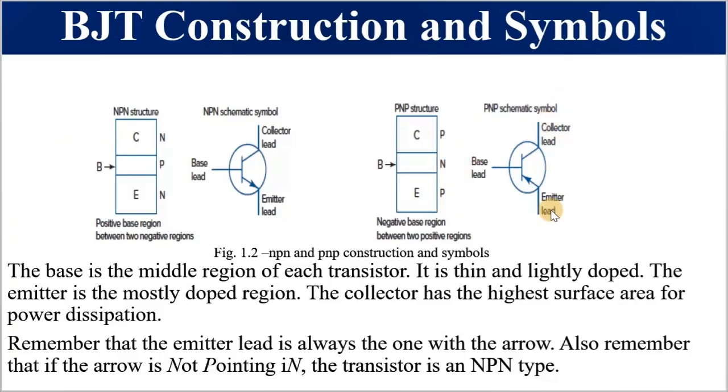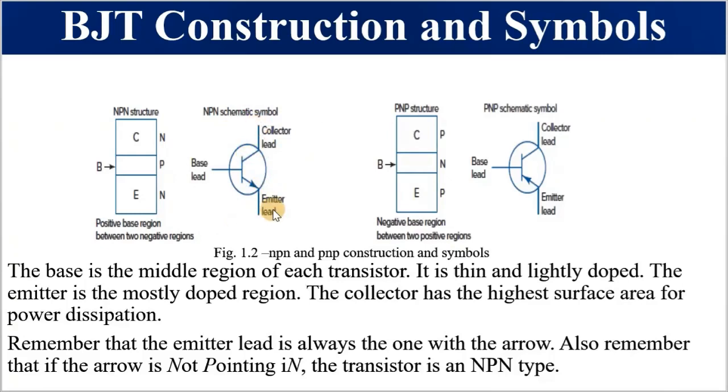You must label the terminals, or the legs, correctly. The NPN transistor has a P-type base sandwiched between two N-type materials: collector, base, emitter. These two are opposite each other, even on the schematic symbols.